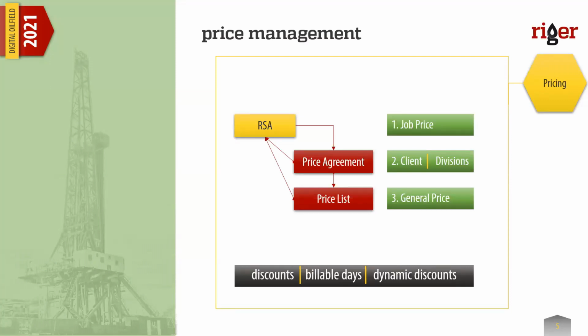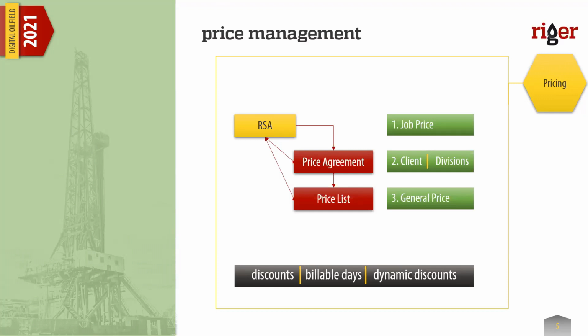Let me talk a little bit about the general price management functionality in the RigER software. The RigER software allows you to manage prices pretty flexibly because it has different levels of pricing.